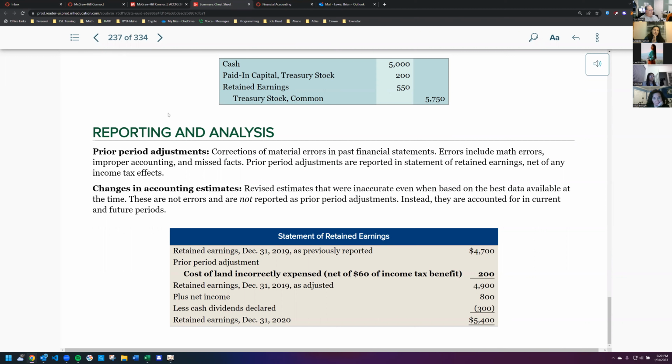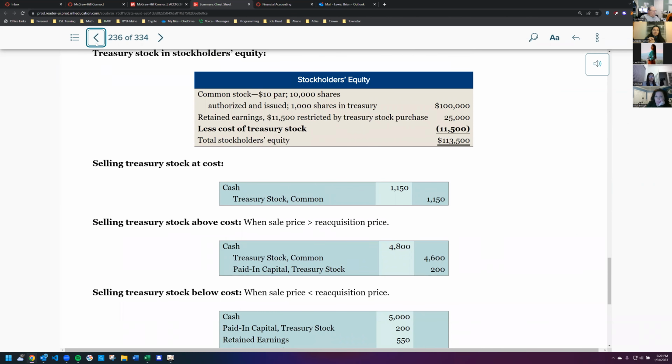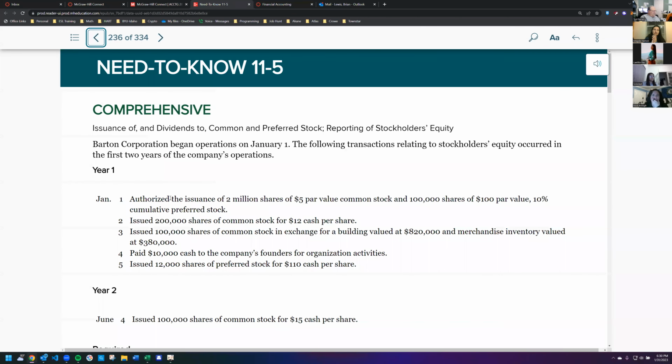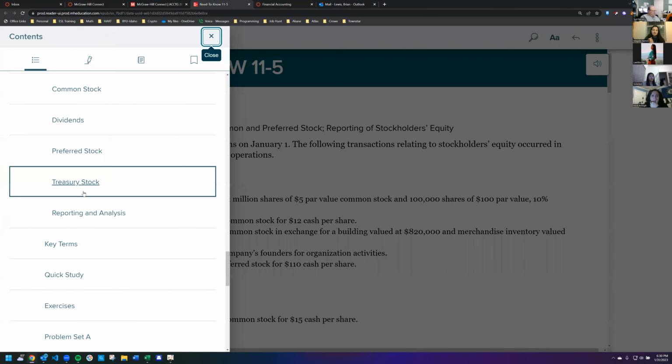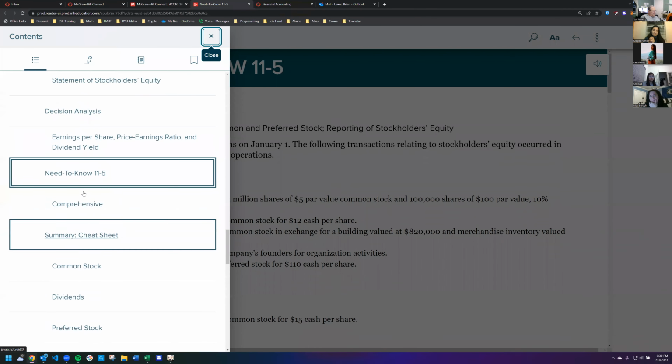Yeah, it says in the list to study that we need to distinguish between the authorized shares, issued shares, treasury shares, and outstanding shares, but I couldn't find where the definitions are. Okay, let's see what we got here.